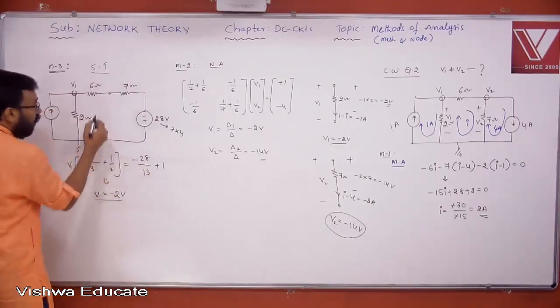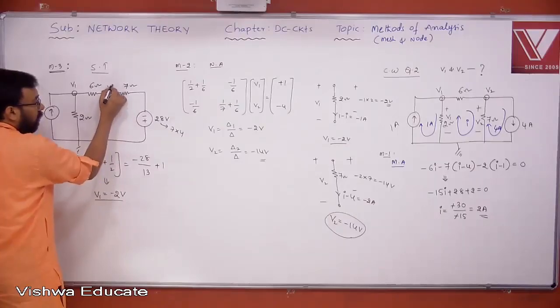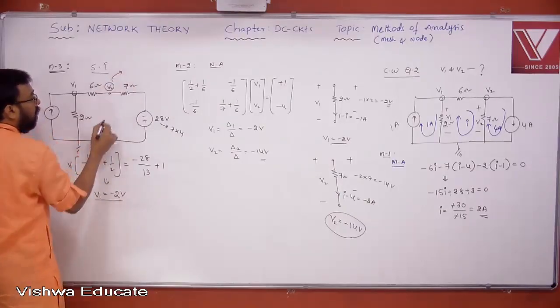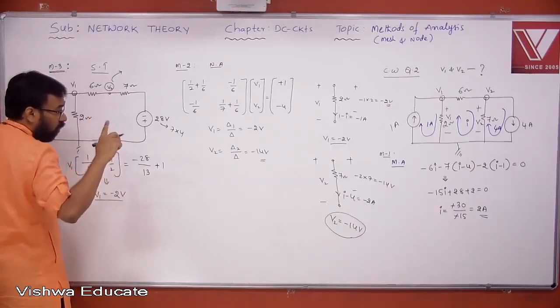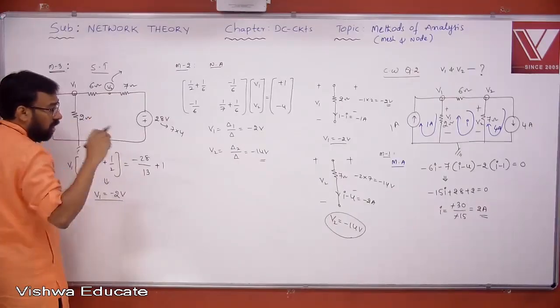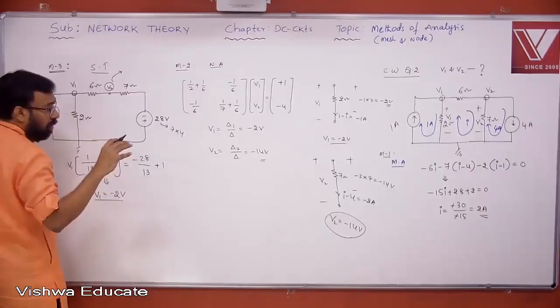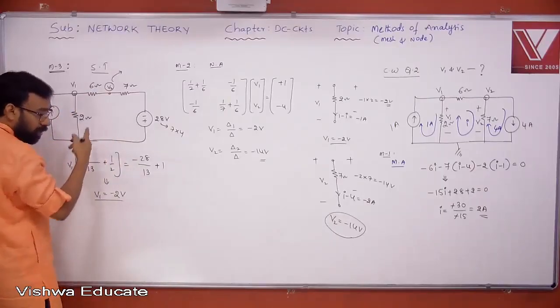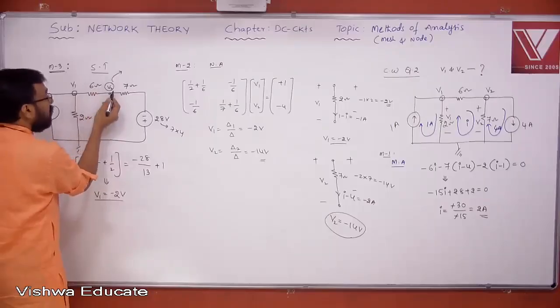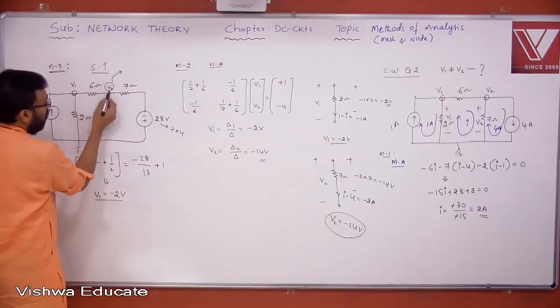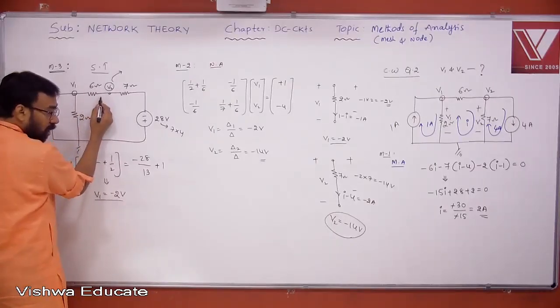Now, I would like to find V2 also here. To find V2, I jump from this point to this point. I told you already, if you are good at the jumping technique, you can solve a problem: a 2 equation problem can be converted into a 1 equation problem. Exactly the same thing I'm doing here. To jump from this point to this point, I must know the voltage.